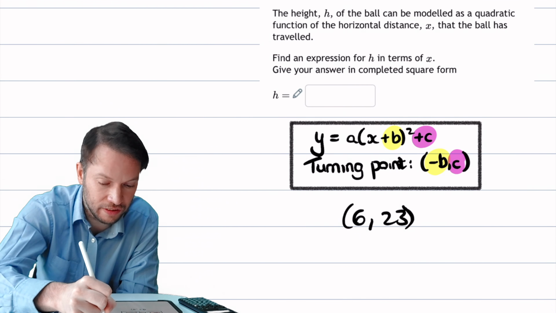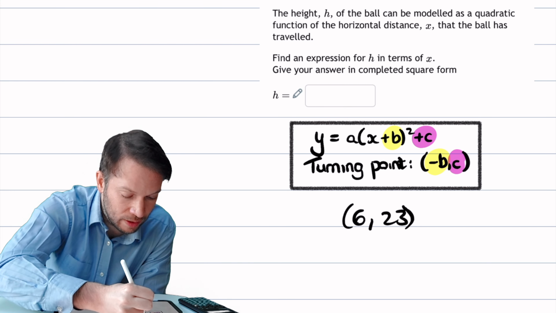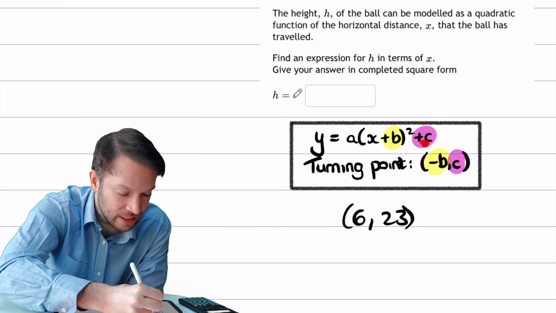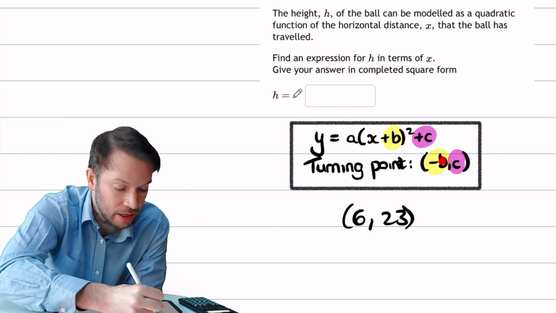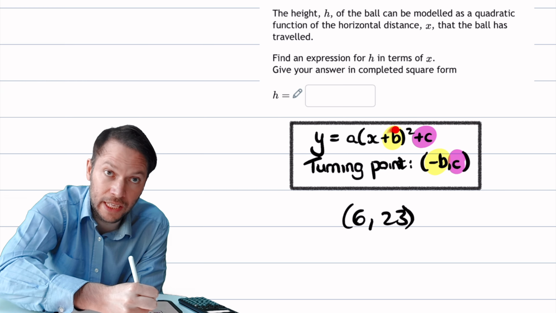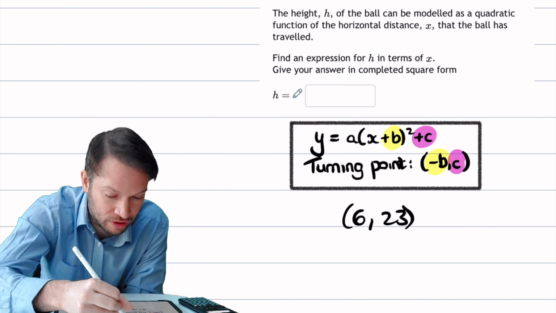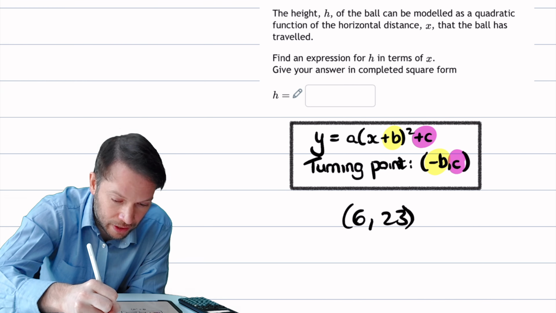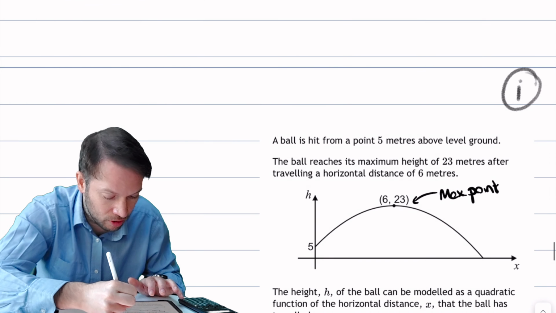And let's use this kind of backwards. Well, we said whatever this x value is here, we negated it to get the x value of the turning point. So if we negate this value, we will work out what this value after the x is in the equation of the quadratic. We're going to have a note, by the way, instead of y here, we've got h.